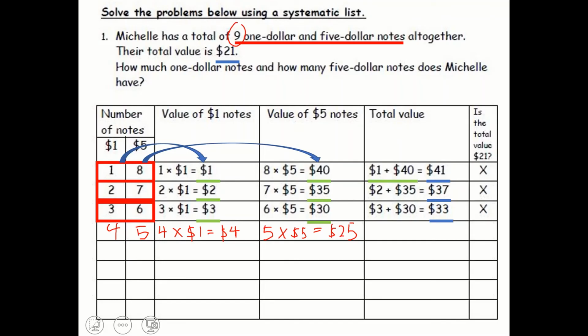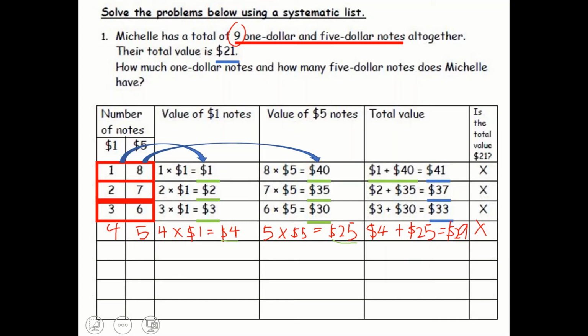Based on what we've been doing, let's add the numbers together. $4 plus $25, let's do the working. $4 plus $25 will give us $29. Unfortunately, $29 is not what we are looking for because our total value is $21. So this will be a cross.